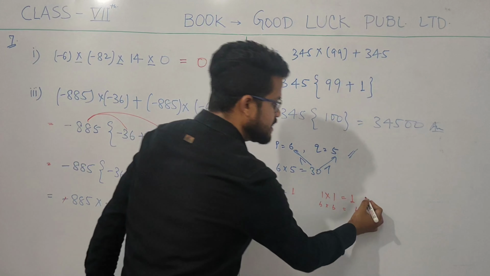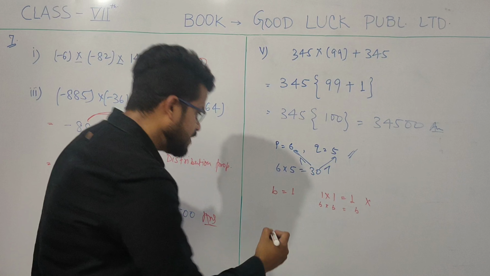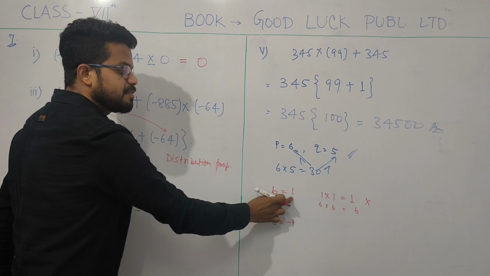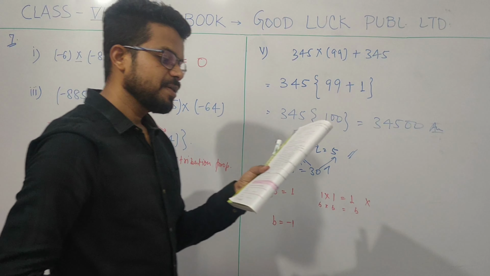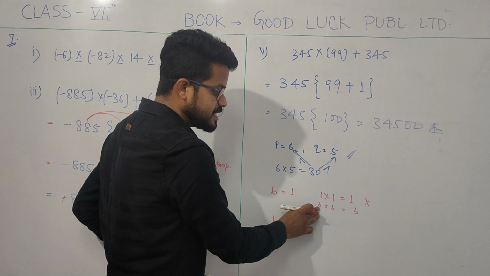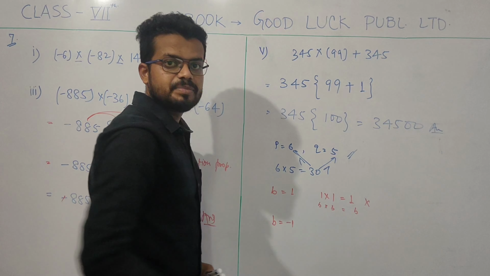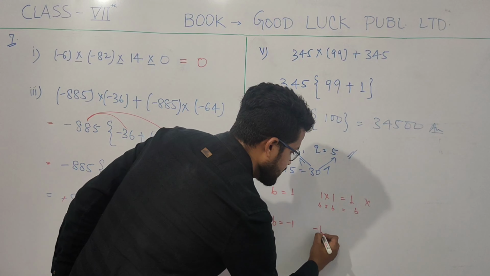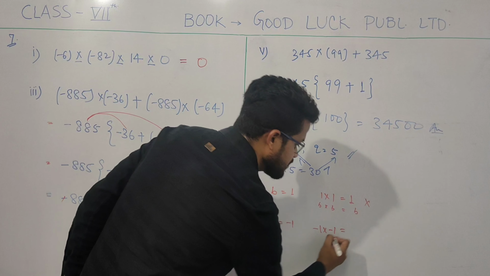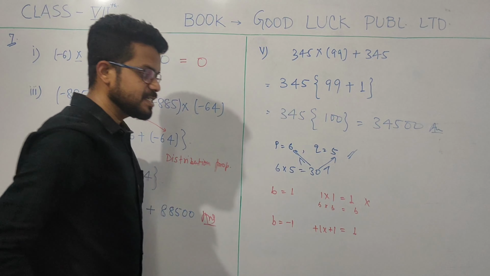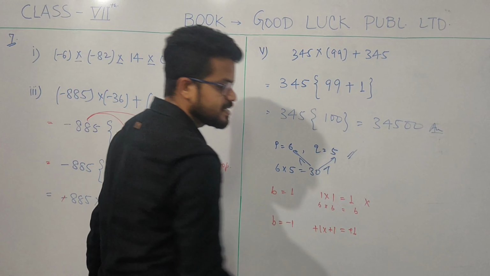So this one is wrong. Now if we take b equal to minus 1, why do I take 1? Because in the answer there is the same number. If I multiply minus 1 with minus 1, we get 1, because minus times minus is plus, so the final answer is plus.